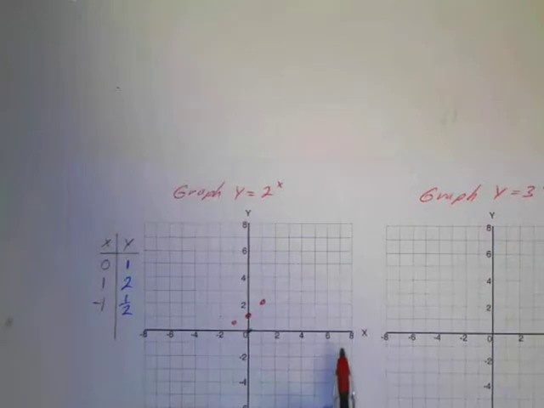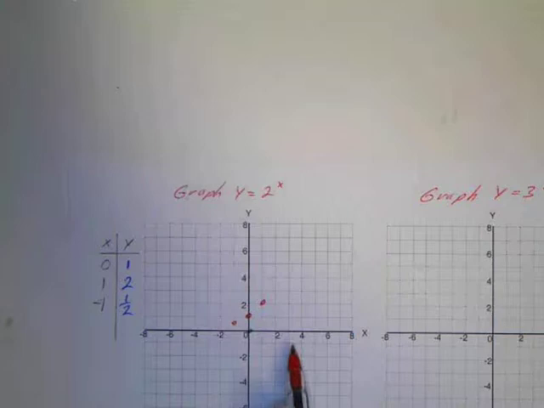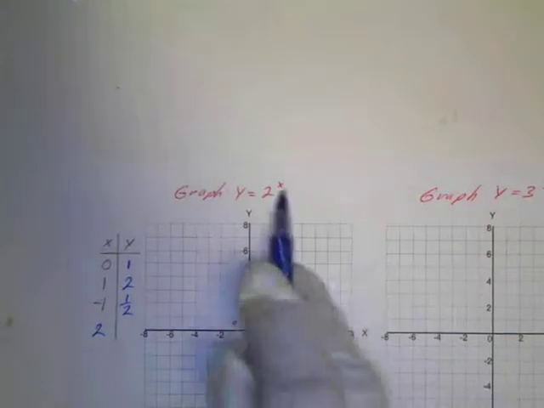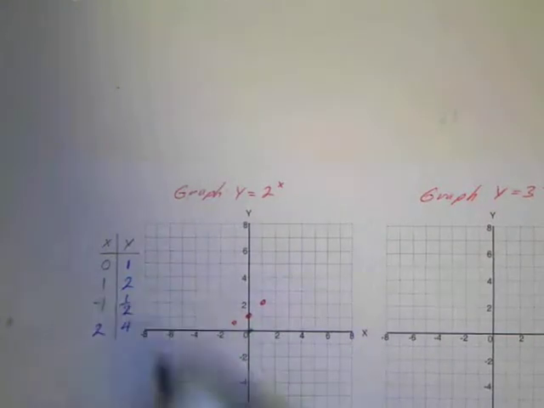We could do some more points over here. We don't really need to, but we have a little bit more room on our graph. In other words, how about when x is 2? What's 2 squared? That's 4, so I can put that in.